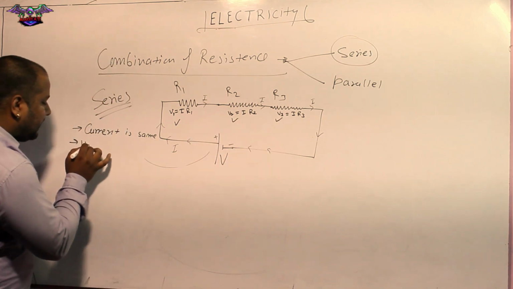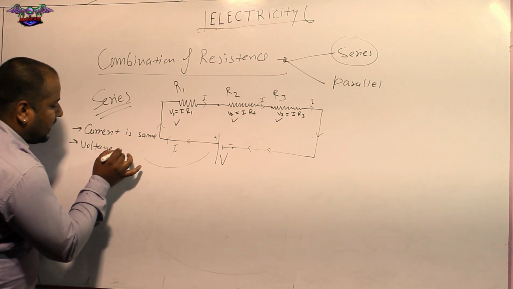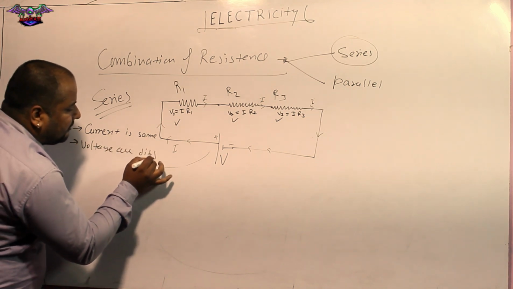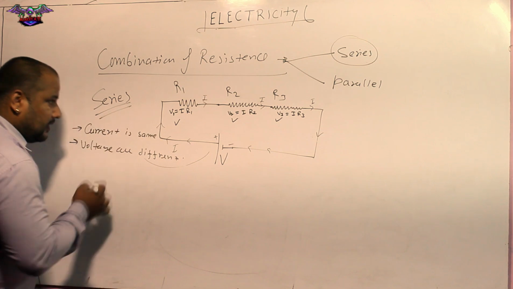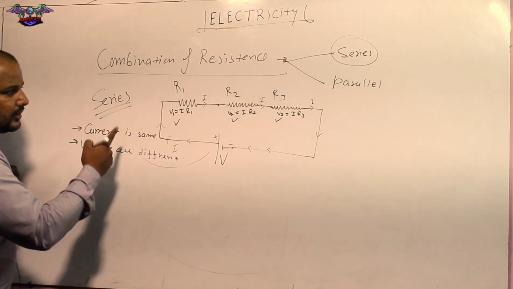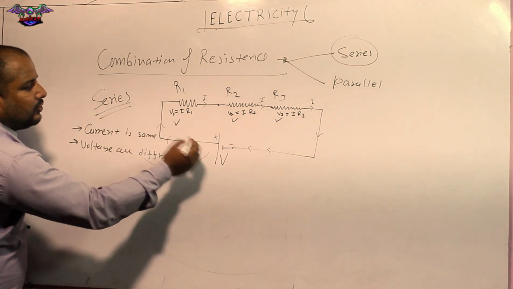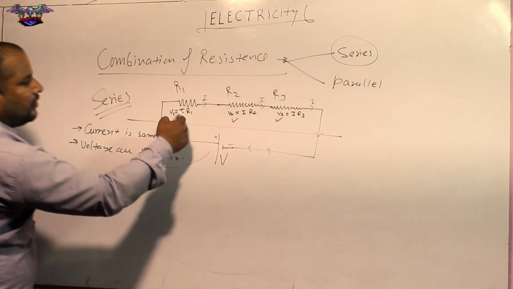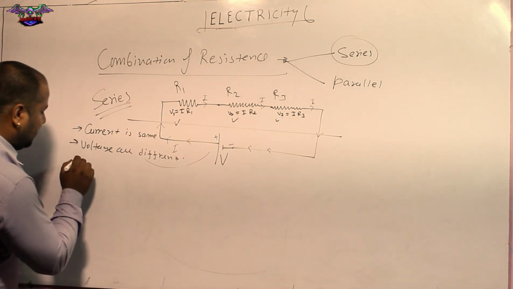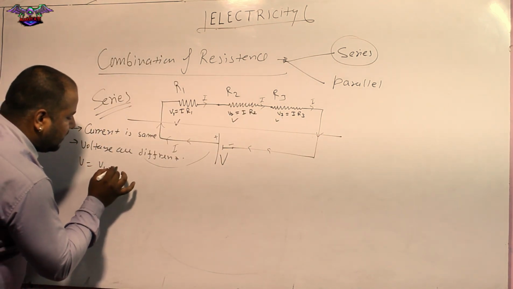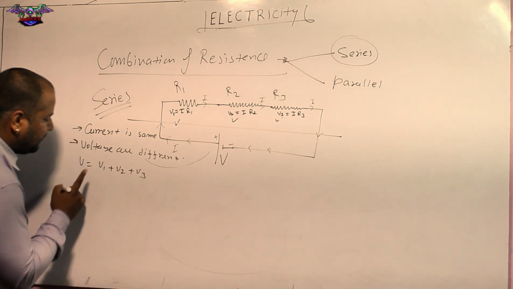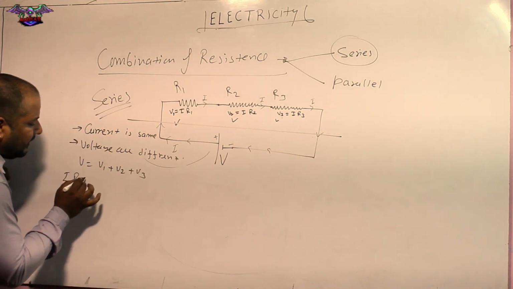Now let us do some calculation here. V equal to V1 plus V2 plus V3, and V equal to IR, we know.